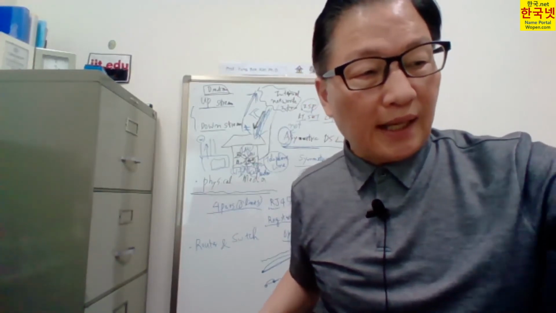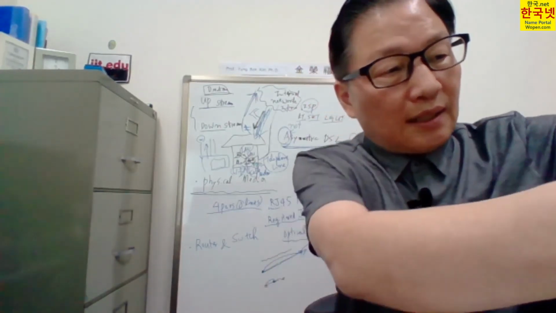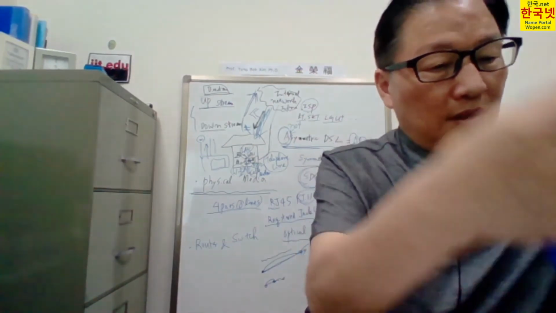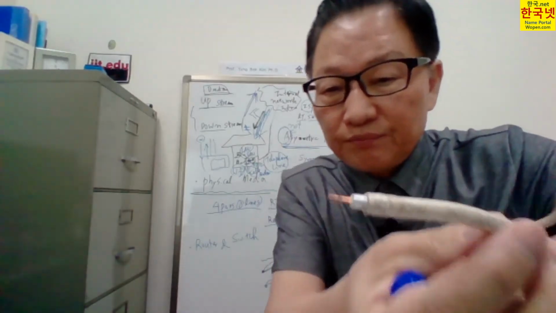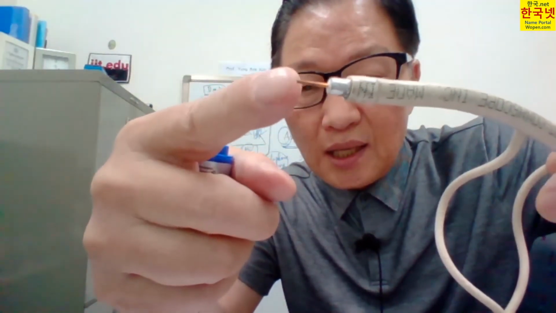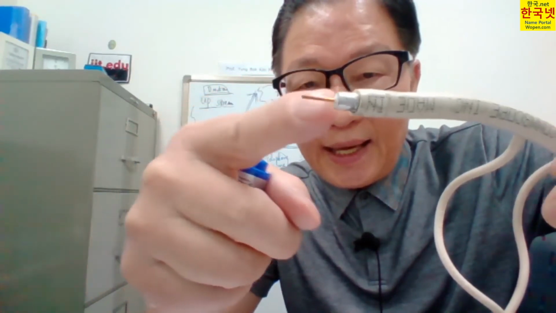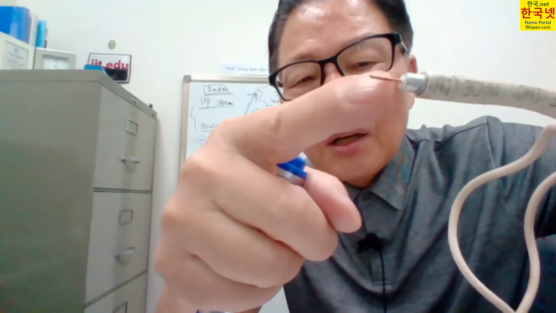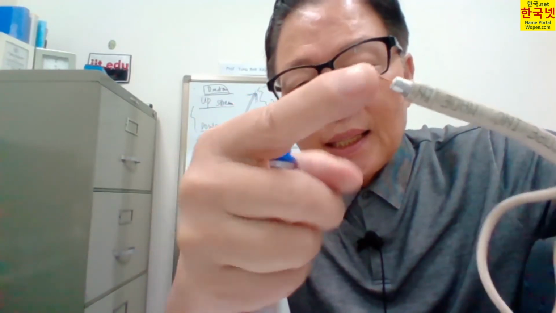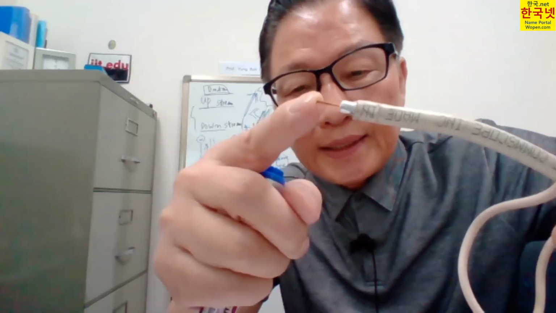optical fiber. And another example, last time we learned about coaxial cable. This is coaxial cable. Okay, this one is copper wire, and this one is coax. And here the signal is transmitted through this copper wire.